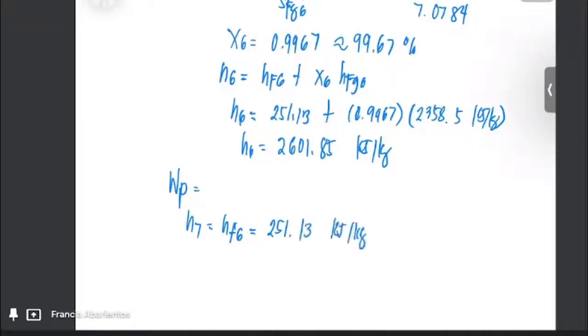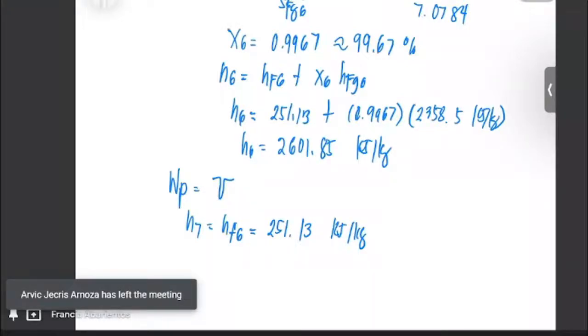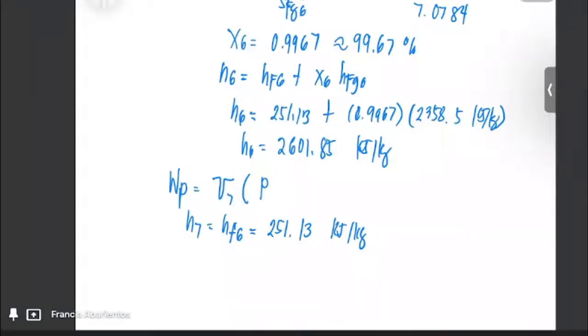Am I right? Yan. Tapos yung work ng pump natin, this is V7 times the pressure at 8 minus the pressure at 7.